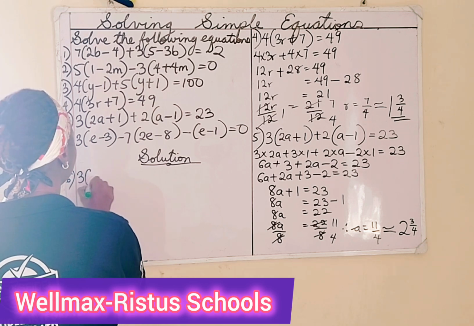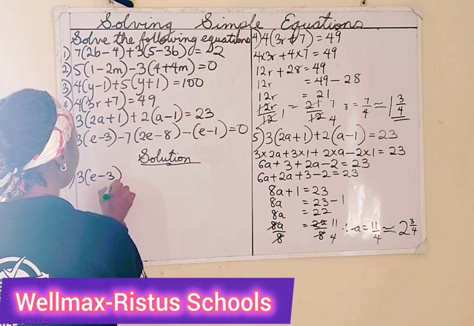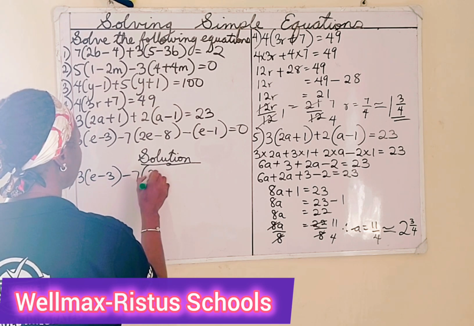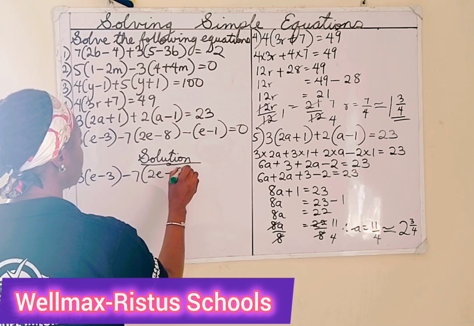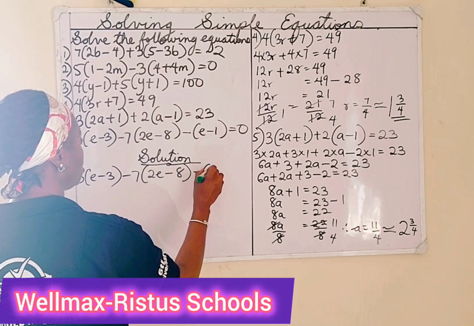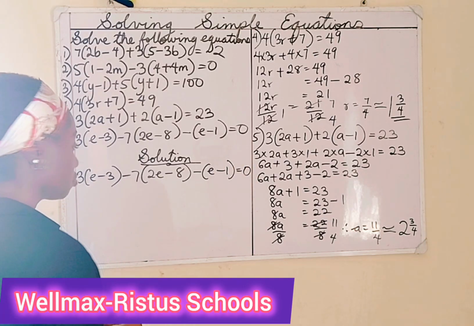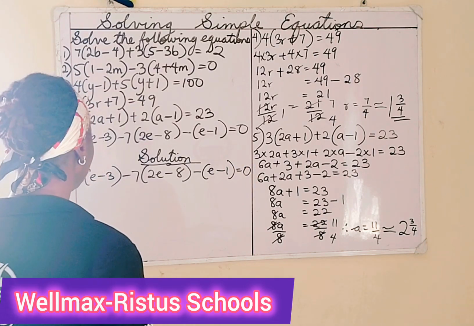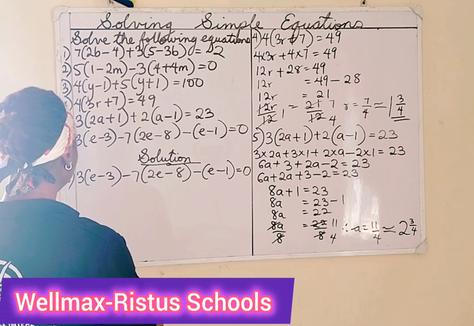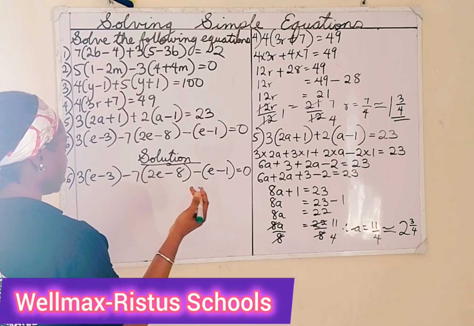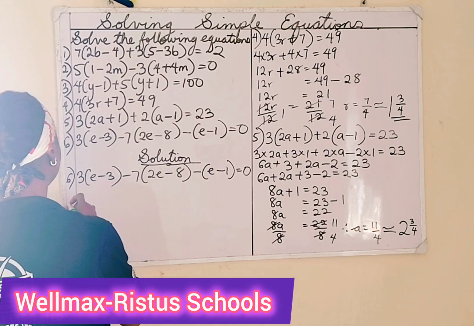So we have 3 into brackets e minus 3, minus 7 into bracket 2e minus 8, minus e minus 1 equals 0. Right? So we're going to expand the brackets.